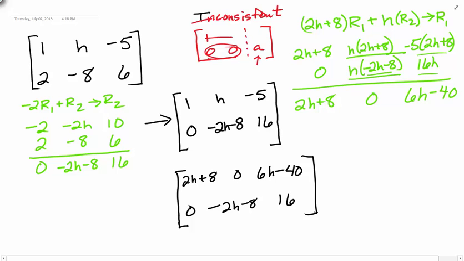Okay, so that is almost put into reduced form. We could divide this row by 2h plus 8 to get a 1 there, and divide this row by -2h minus 8 to get a 1 there. But we actually will be okay, because remember what our goal was.